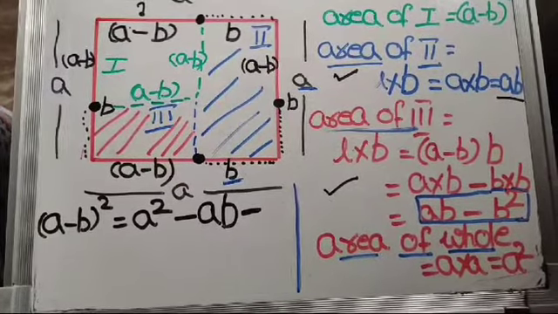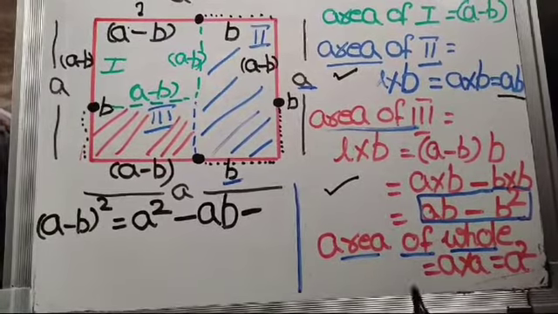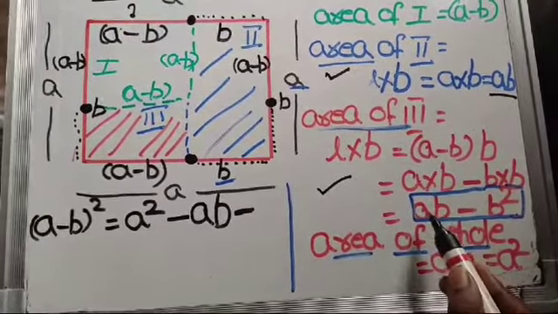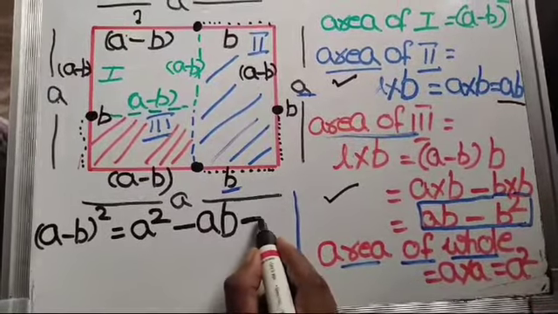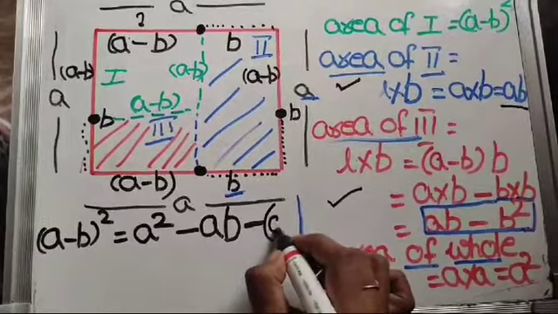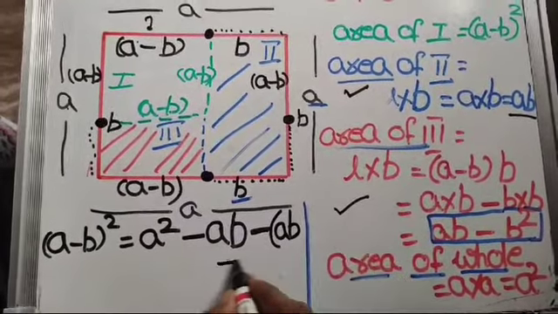AB minus, we are subtracting here. In order to get the A minus B whole square area, we have to subtract each and everything. Now what is the area of the third one? AB minus B square. So minus AB minus B square.